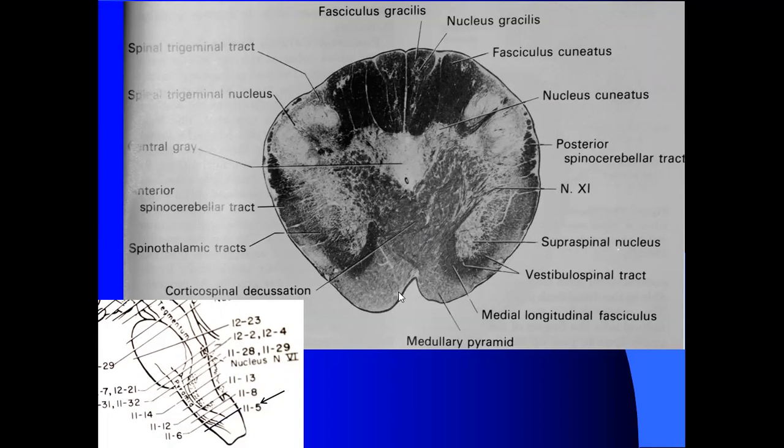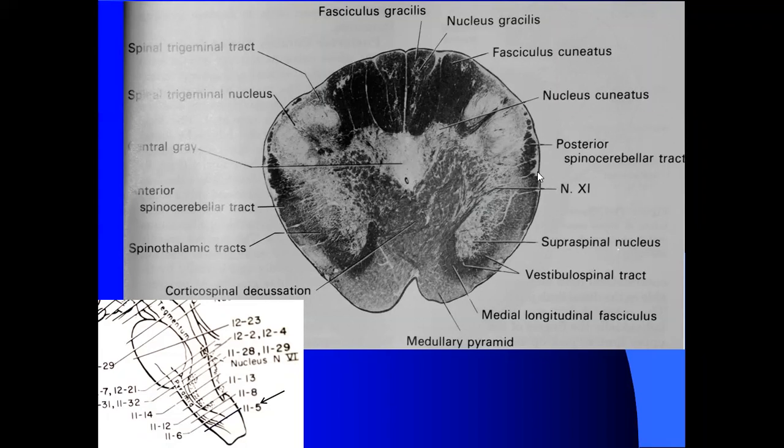And as a result of that, you're now seeing pyramids form on the anterior surface of the medulla. You have, again, the vestibulospinal, the medial MLF. Here is a supraspinal nucleus. What is a supraspinal nucleus? Actually, it's the anterior horn cells of cervical root 1. Okay. Here's cranial nerve 11.